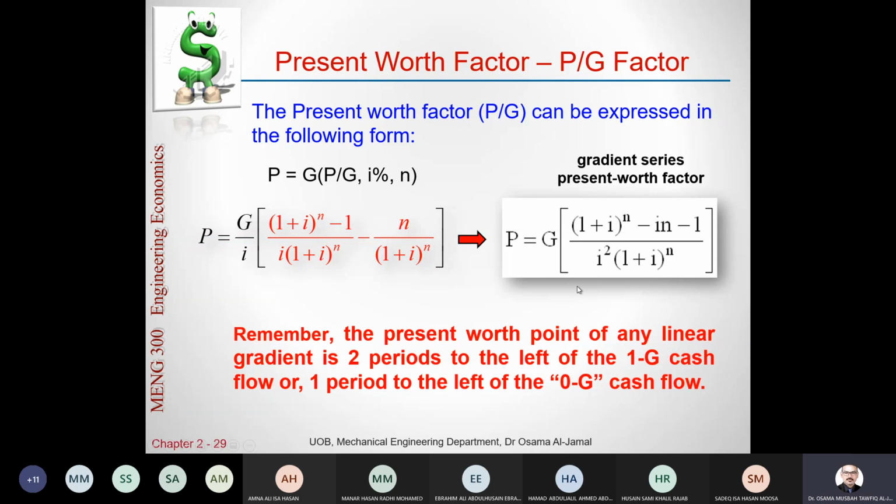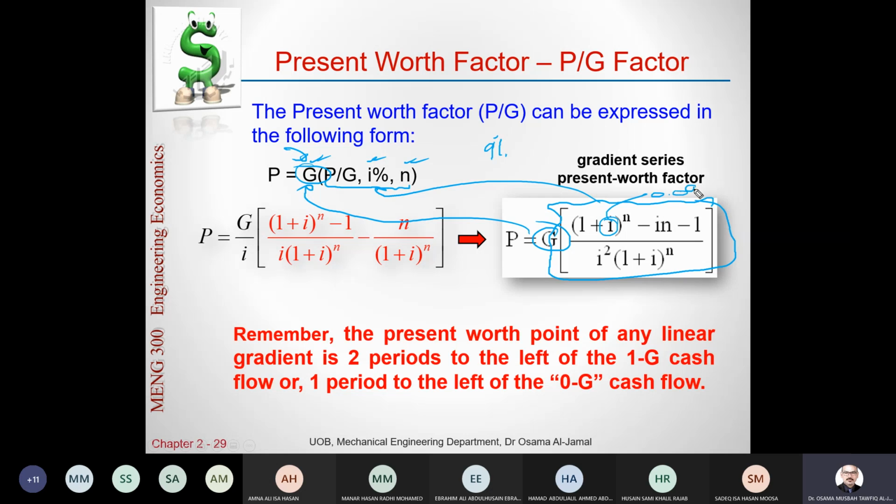The factor formula. If you want to calculate only this part inside here, use that one. It will give you this, because this G is the same as that one. So we need to substitute directly for the interest rate i and N. If it is 9%, we need to substitute 0.09 there.